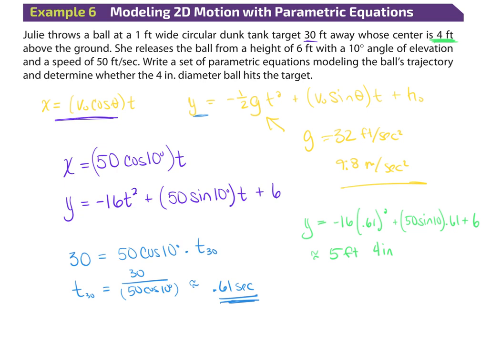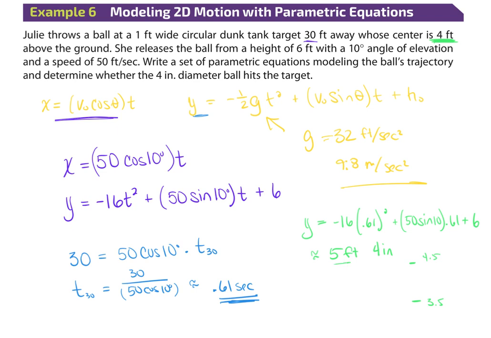How big is my target? 1 foot in diameter. So above the ground, my range is 3.5 feet to 4.5 feet, correct? Yes? So I have from 3.5 feet to 4.5 feet. That's how much room I have, right? And the center of my ball can go down 2 inches or up 2 inches, right? And it still hit the target.